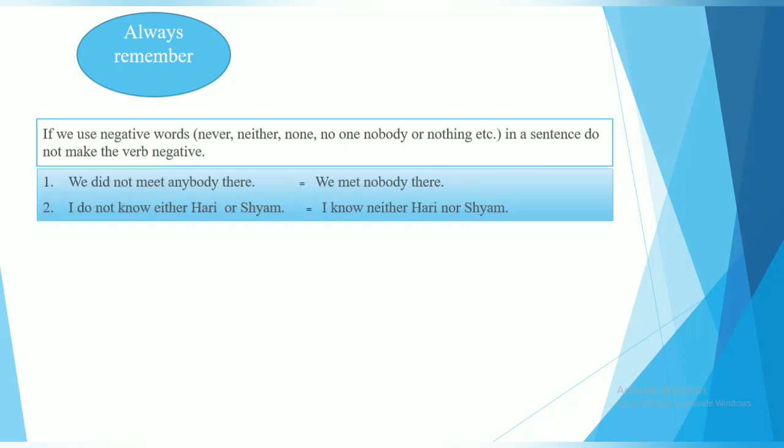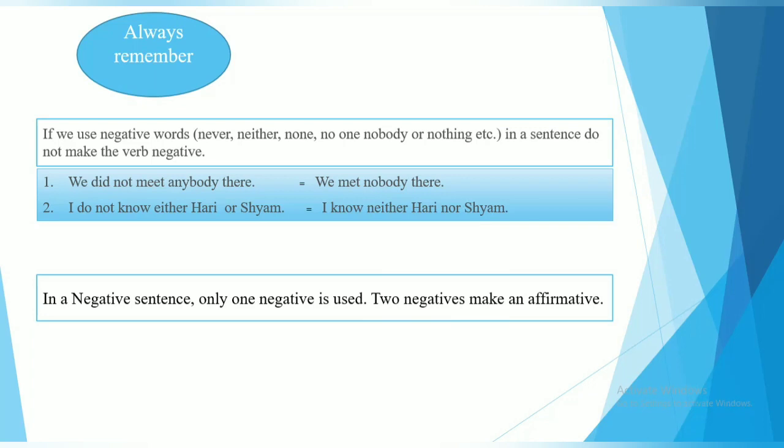Here is an example. We did not meet anybody there. There we write, we met nobody there. The same way, I do not know either Hari or Sham. We can say, I know neither Hari nor Sham.